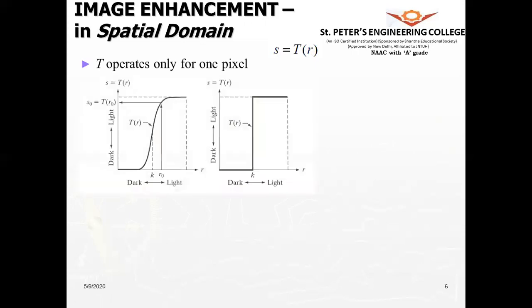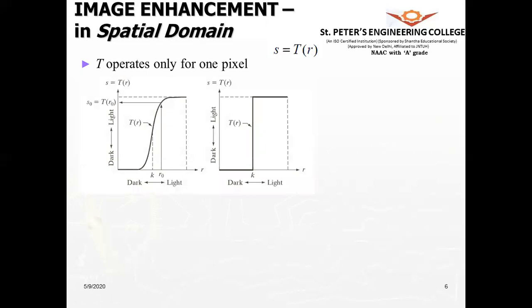Now, an enhancement operation with a point operation, we represent it with this mathematical notation where r is the input and T is the point operation performed on r, such that I get the output s. This is the notation. Now, this operator T operates on only one pixel.